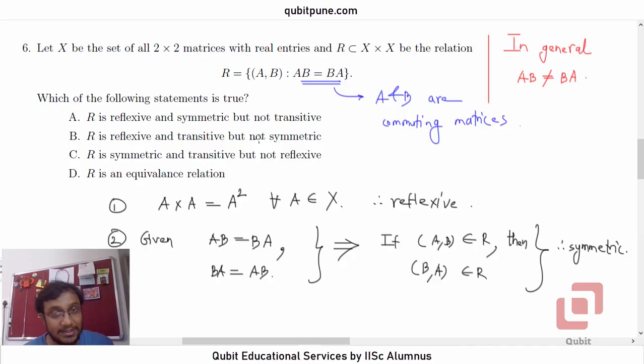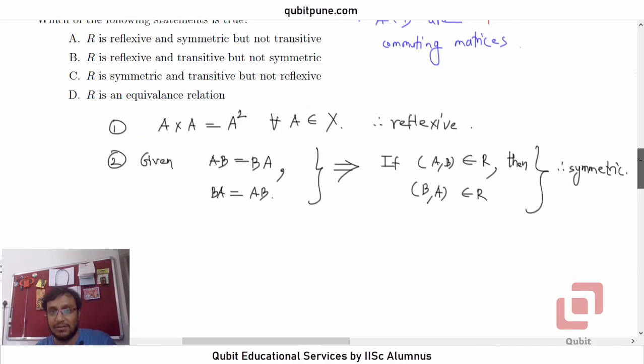Now, is it transitive? It's not transitive. I'll prove that to you now. If you want to prove something, you have to consider the general case. But if you want to disprove something, then even one counterexample is enough, and that is what we are going to do to show that it is not transitive.